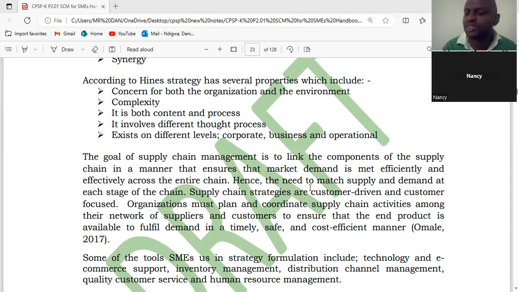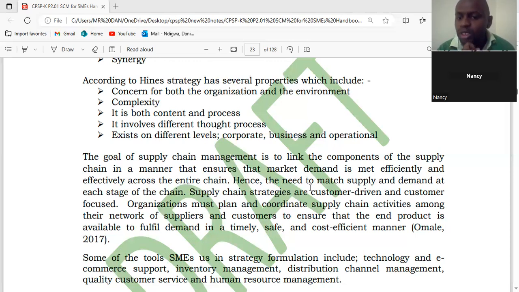And these strategies also must be customer driven, whereby you are doing all things possible to ensure that you take into consideration what the customer is doing, or you are trying your level best to ensure that you satisfy your customers, so that your customers can become your greatest asset by retaining them.